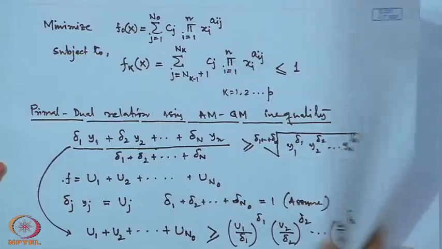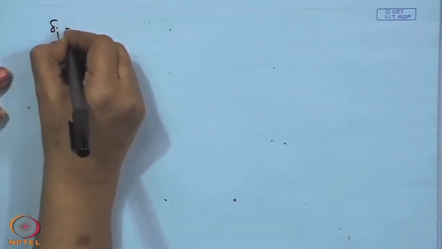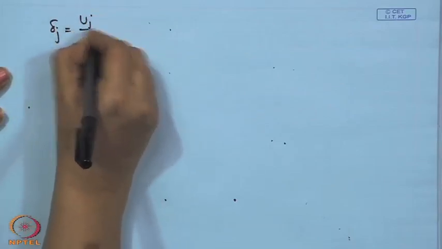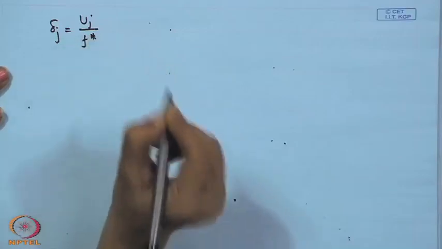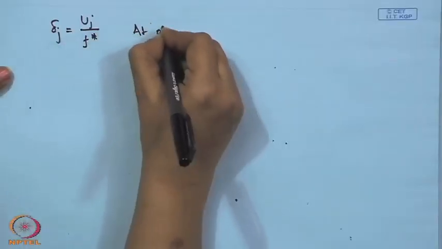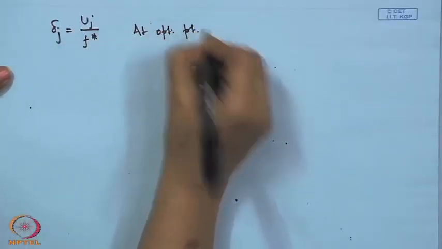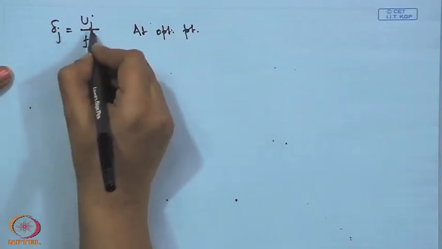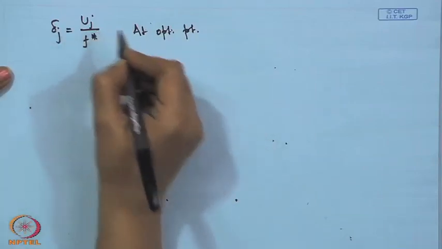Let us consider delta j as uj divided by f star, where f star is the optimal value of the objective function. Then at the optimal point, delta 1 would be u1 by f star, delta 2 is u2 by f star.